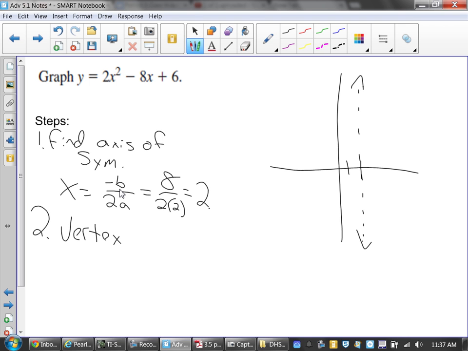Because your vertex is always on your axis of symmetry. So I know right off the top that the vertex is going to have an ordered pair of 2, comma, something.